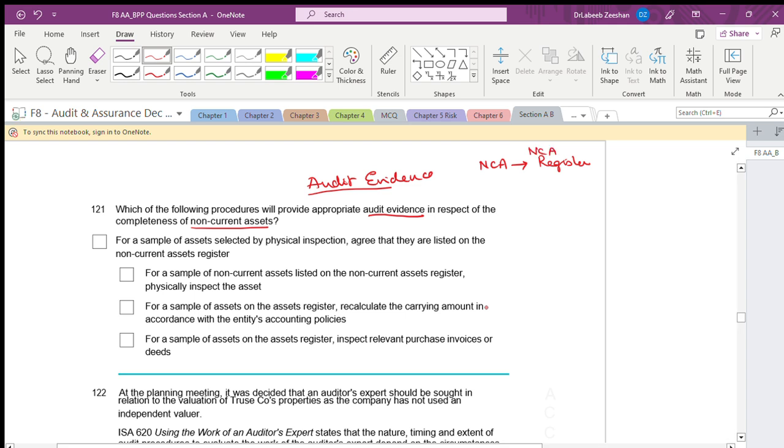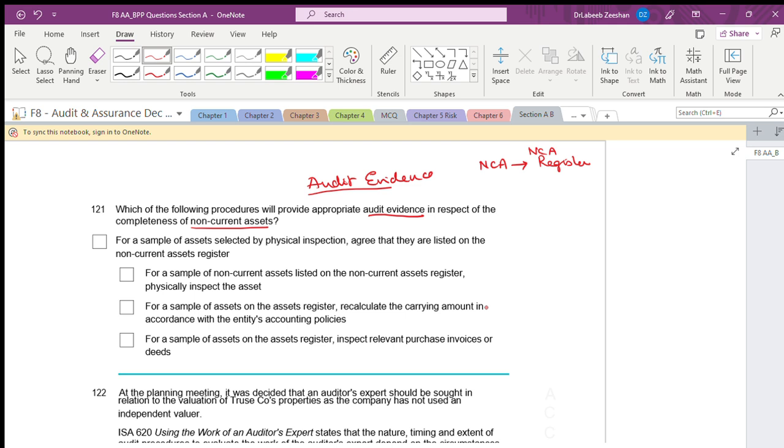The moment you give the asset number, asset classification, the date of purchase, it goes in the non-current asset register. First and foremost, you should understand this. You should not go beyond this.